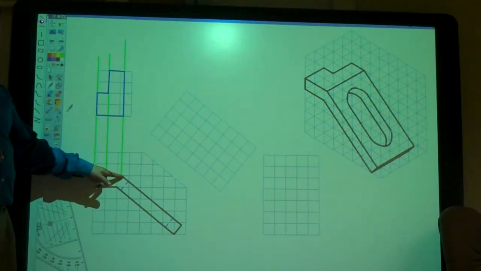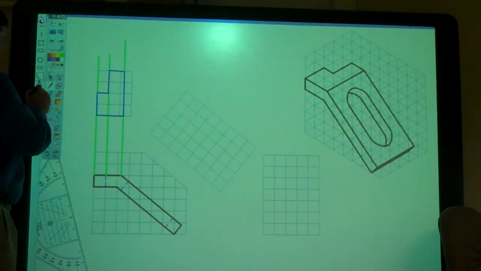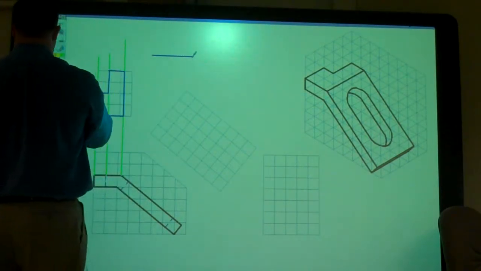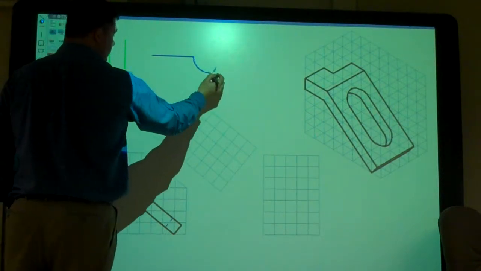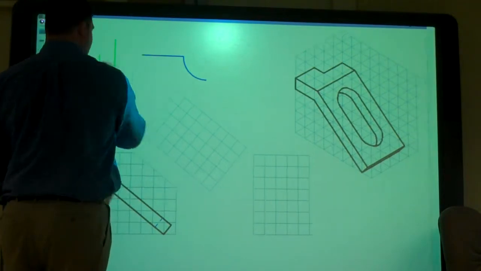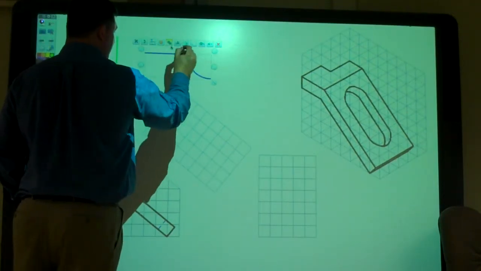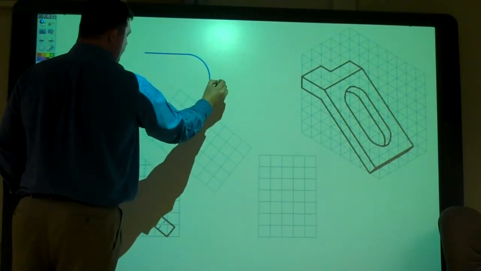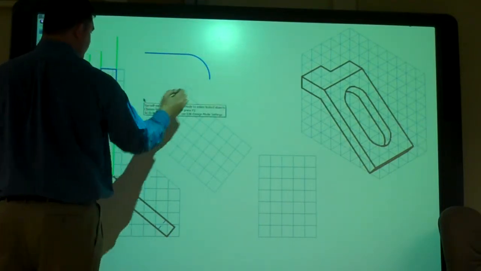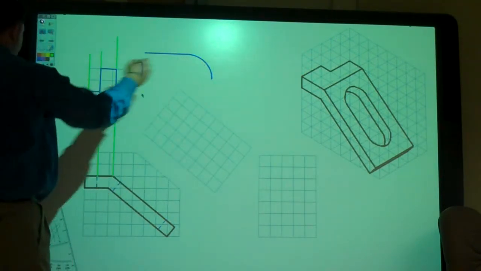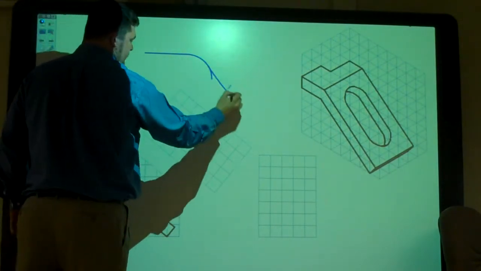What happens if that wasn't a sharp corner? Let's say this is going down the hill, that way.